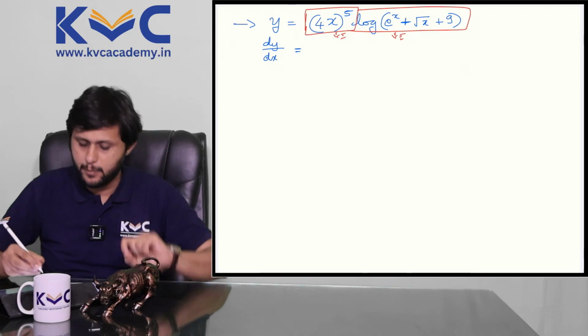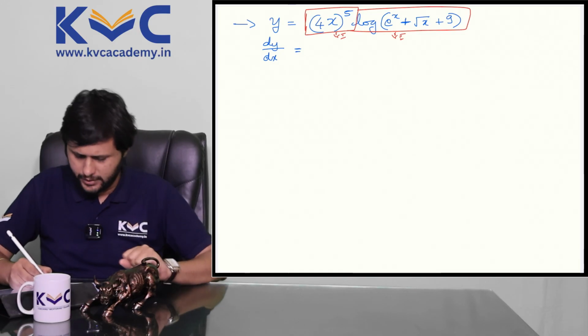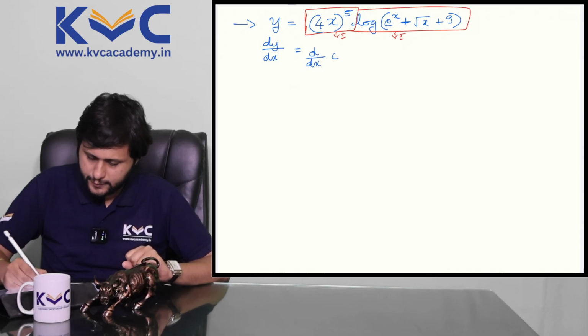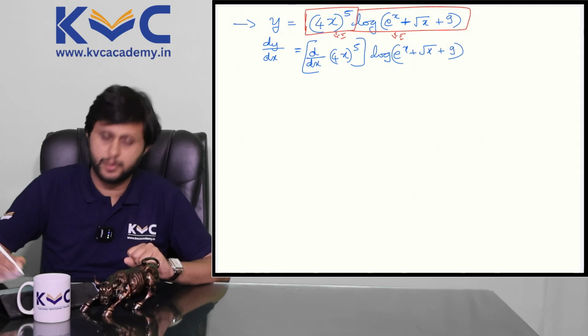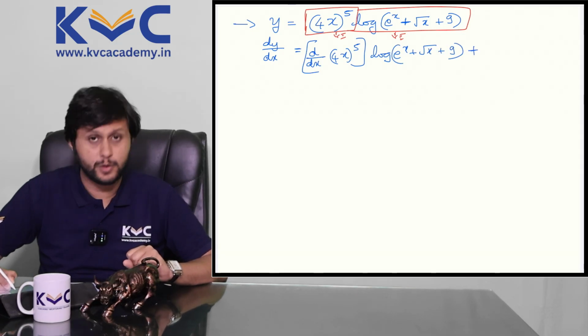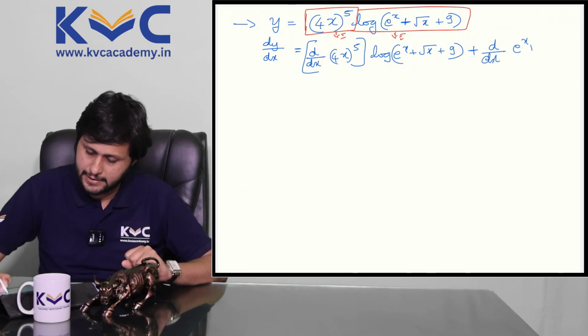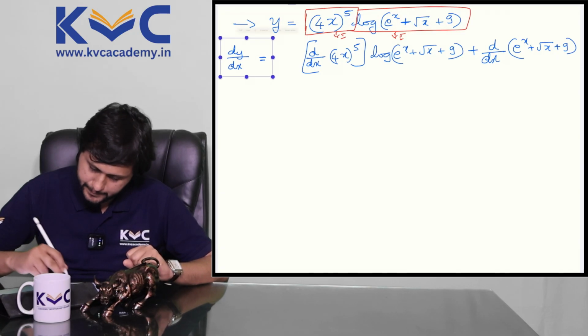I'm using which rule? Product rule. Okay, so should I write that or I will do it directly, right? Okay, so differentiation of first function, second function as it is. Okay, I still wrote it down so that you get comfortable. Okay, plus differentiation of second function, first function as it is. I'm rewriting that. Okay, first function as it is. I'll adjust the space here.